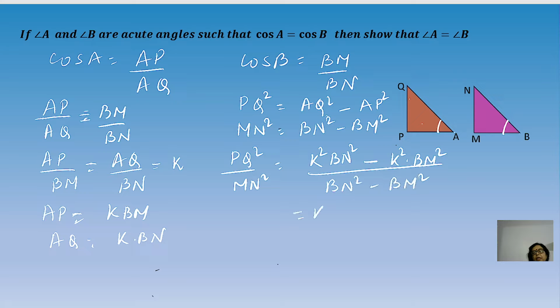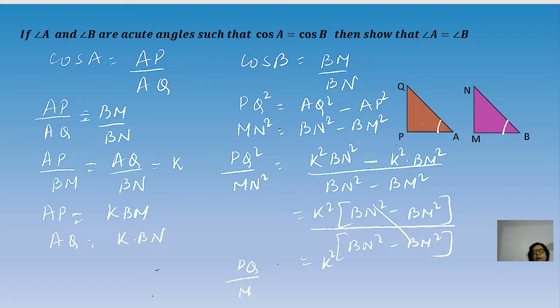K square can be taken out as common, and we are left with BN square minus BM square by BN square minus BM square. These two get cancelled and we get K square. So PQ upon MN will be equal to K.